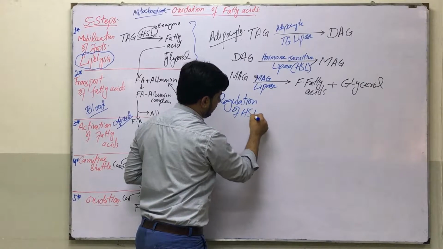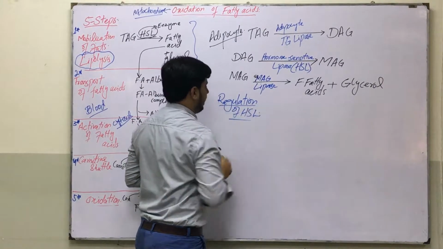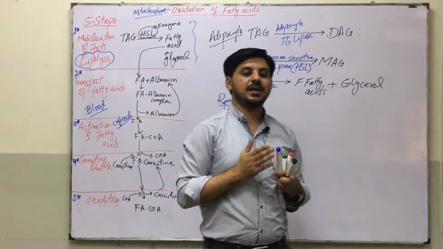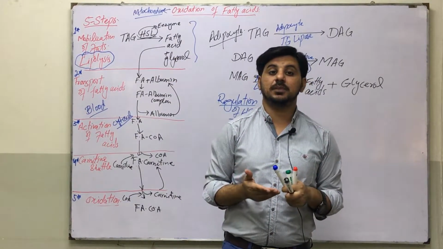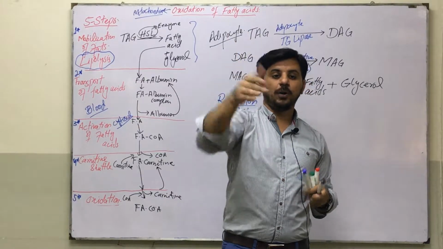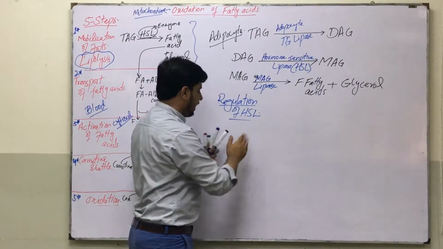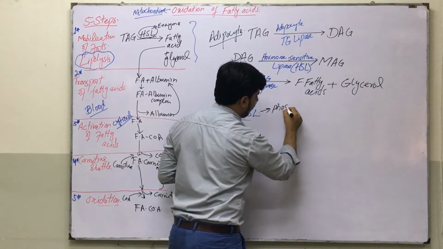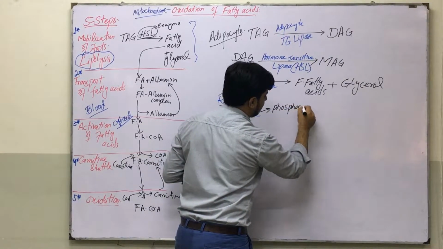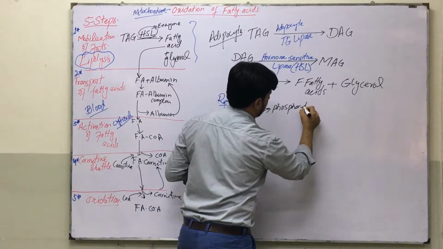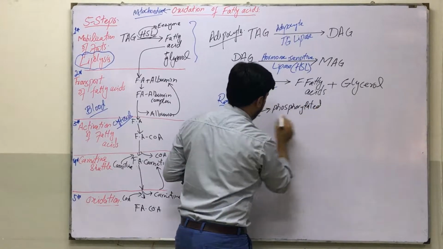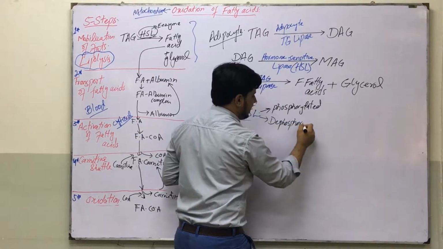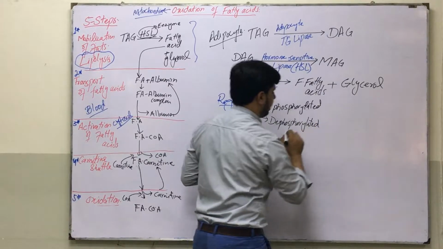Regulation of HSL. This enzyme actually works like the glycogen phosphorylase enzyme. Like it has two forms. This enzyme can be in the form of phosphorylated and it can be in the form of dephosphorylated.